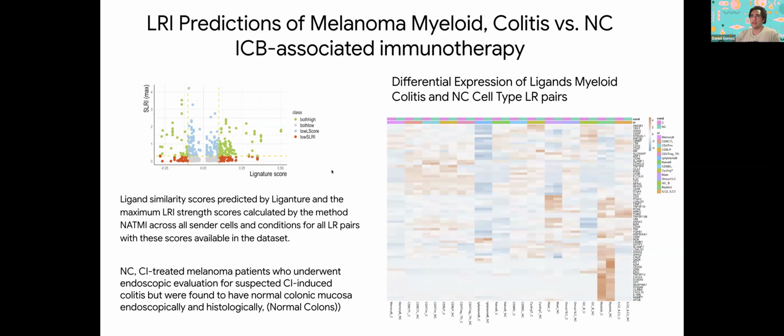We see an SLRI score that's classified with both high and low Lignature score and a low SLRI, and the differential expression of ligands in the myeloid colitis and normal colon cell type LR pairs. So you can see ligand similarity scores predicted by Lignature and the maximum LRI strength scores calculated by the method NATMI across all sender cells and conditions for all the LR pairs with the scores available in the datasets.